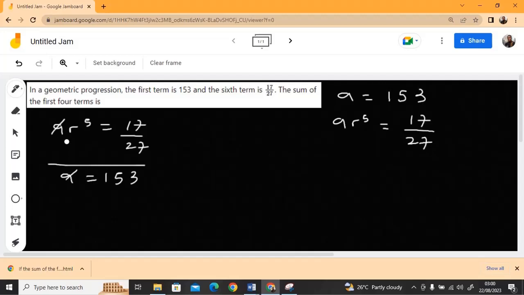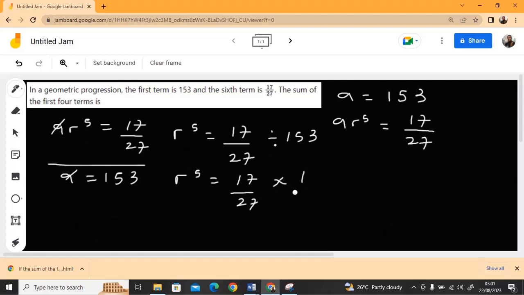Now r raised power 5 equals 17 over 27 divided by 153, so r raised power 5 equals 17 over 27 times 1 over 153.